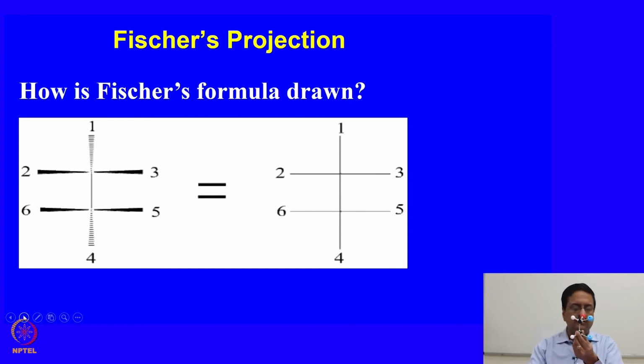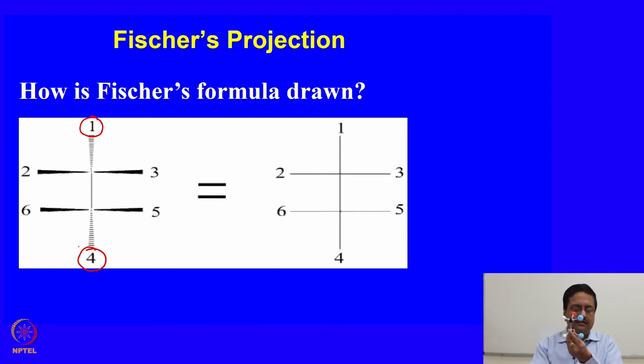And this is how it is shown in this first figure on the left hand side. Groups 1 and 4 here in my case are those two red atoms which are pointing towards me, and these two groups and those two groups are pointing towards you.